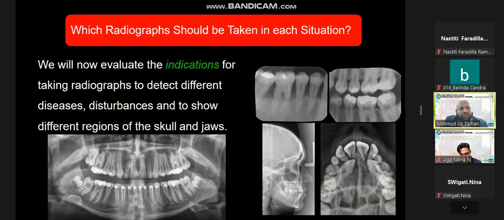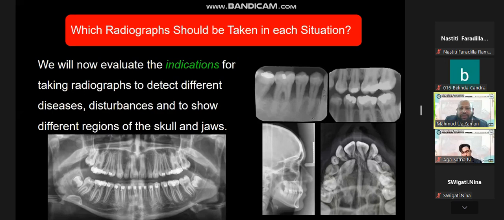Sometimes there is a road traffic accident. Sometimes for young children, trauma of the anterior tooth is very common. Sometimes they will come to you with broken teeth, or a tooth is avulsed, a missing tooth. But there is a soft tissue laceration, so you need to check this one.